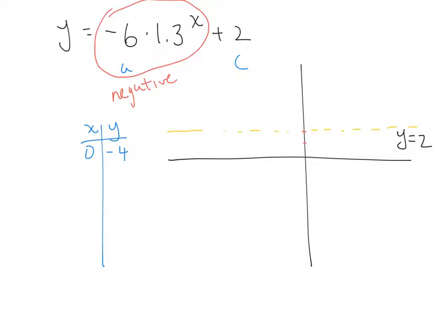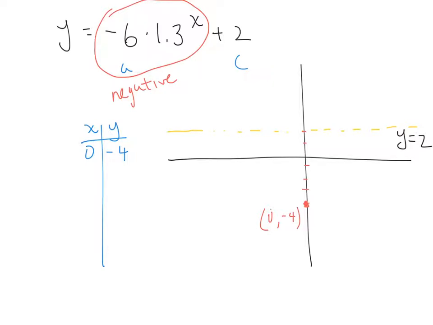Let's plot that one. We want to go through this point right here, 0, negative 4, as our y-intercept. And of course, 1.3 is our exponent, so it's not super steep. 1.3 is less than e, so it doesn't curve quite as dramatically.